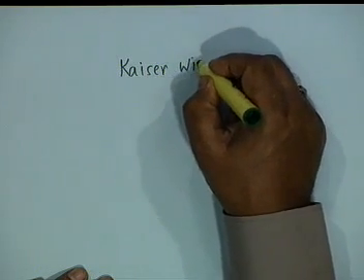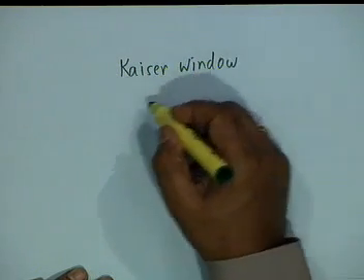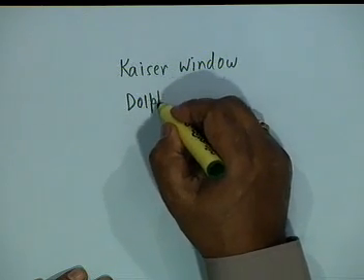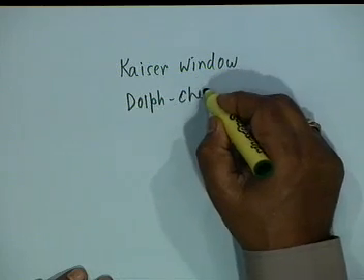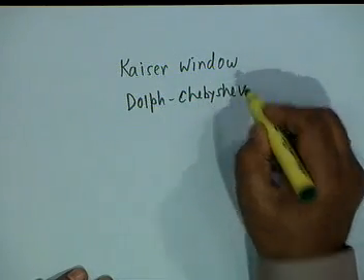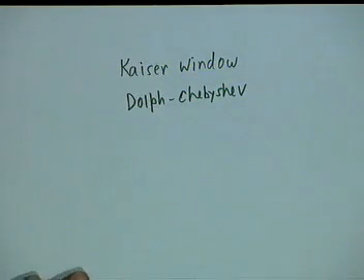One is the Kaiser window and the other is the Dolph-Chebyshev window, the idea of which is taken from antenna array design.